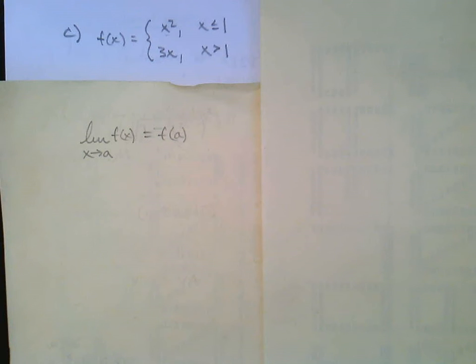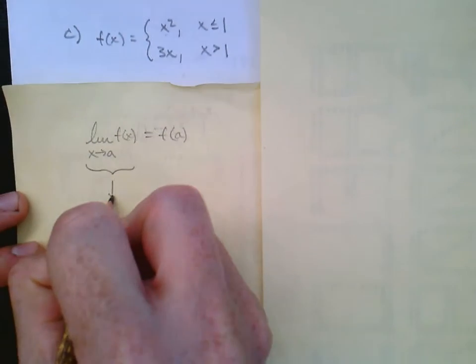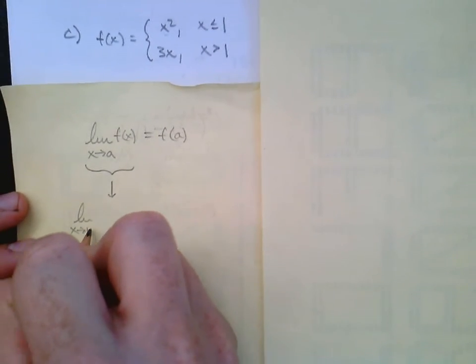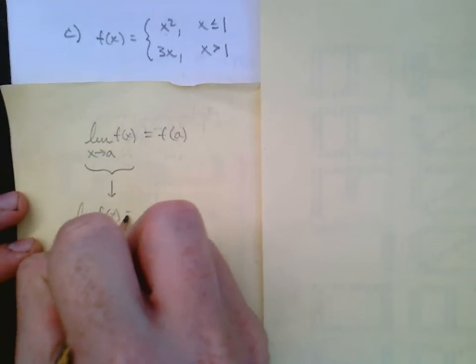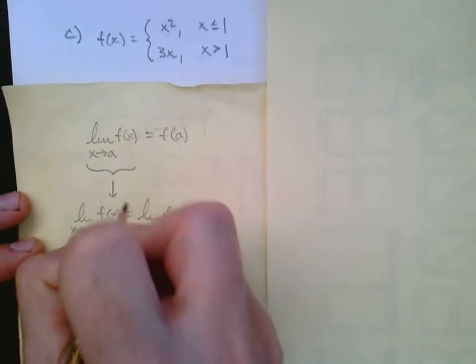We need to take the limit as x approaches 1 from the left, figure out what that is, and we need to take the limit as x approaches 1 from the right and figure out what that is. And, well, they need to equal each other. So even just this part, is this true? Does this equal? We don't know.